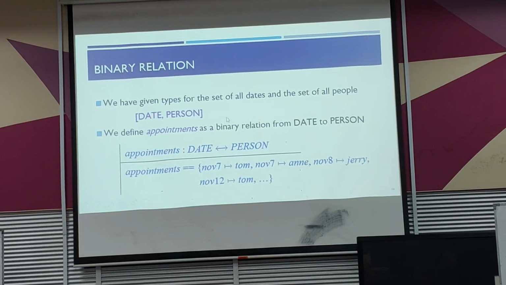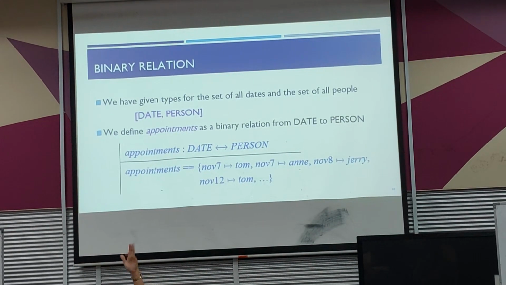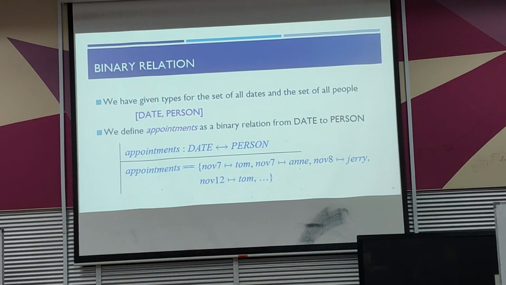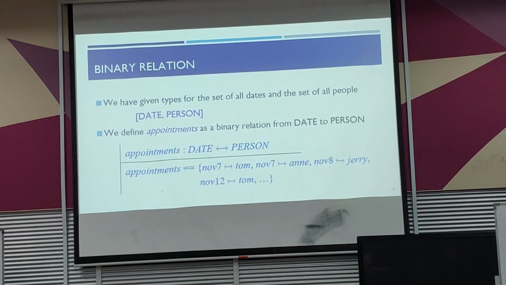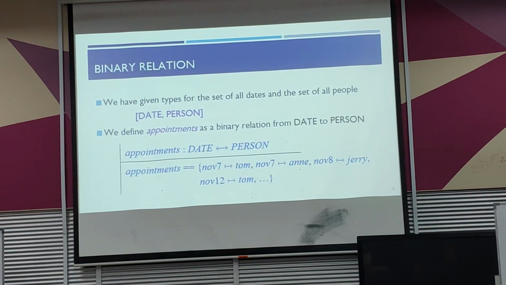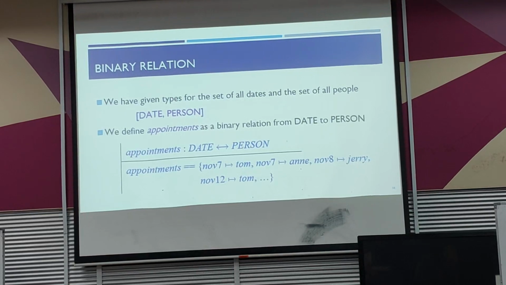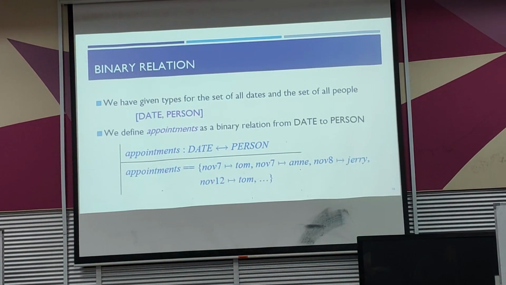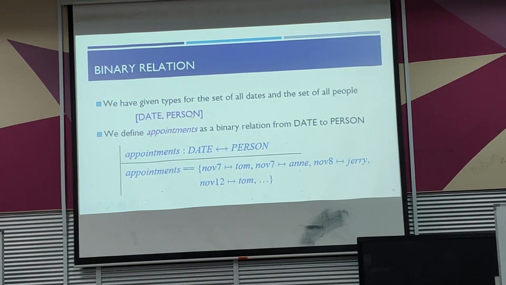Another example: appointments. I have two basic types, date and person. For date, I don't care what the format is. If you want to be specific, then you do a Cartesian product like just now. But here there is no specific format for date, just to say that it is a date. You can use date, month, year, or month, date, year, whatever, it's up to you. But here I don't have a format for date, so I just say date only. This is the date, this is a person.